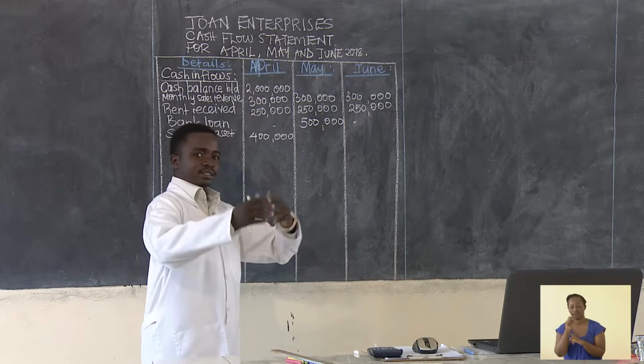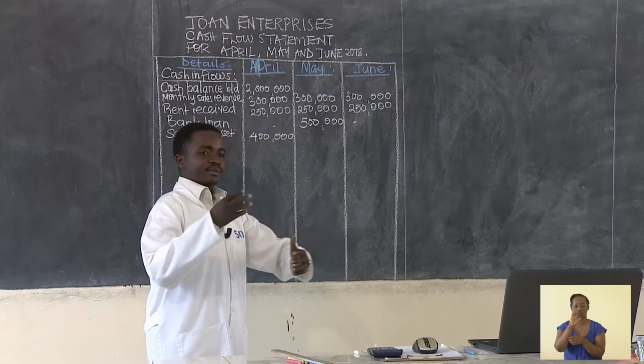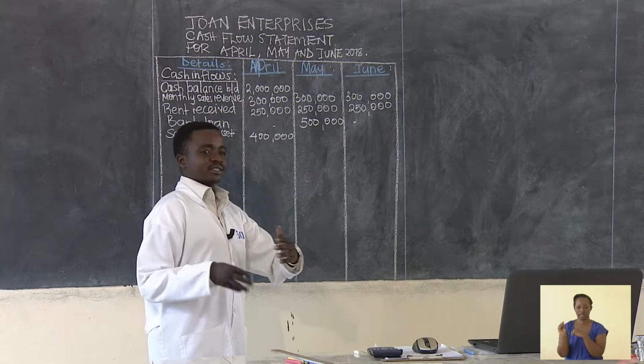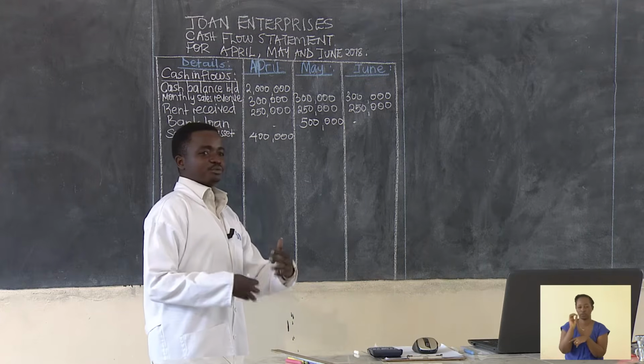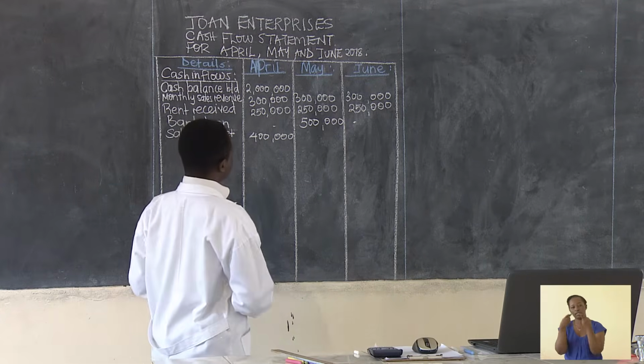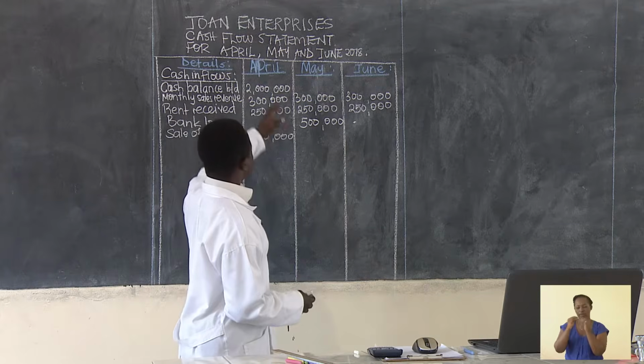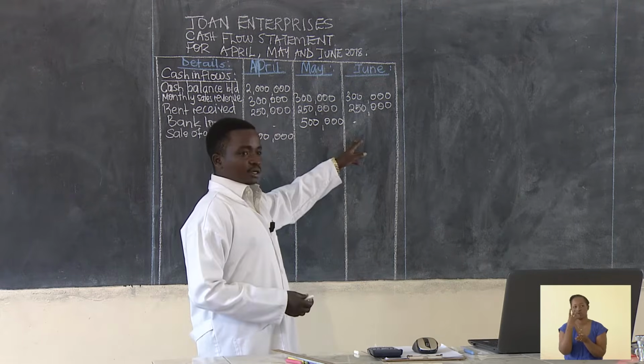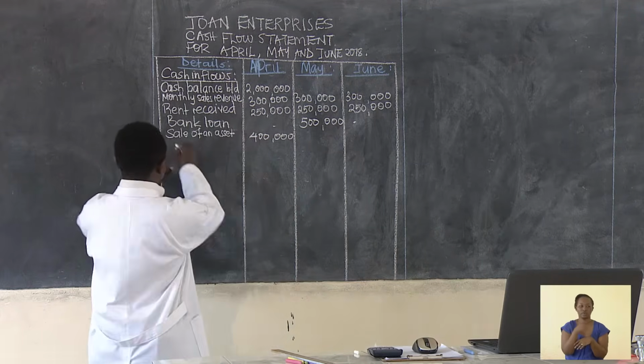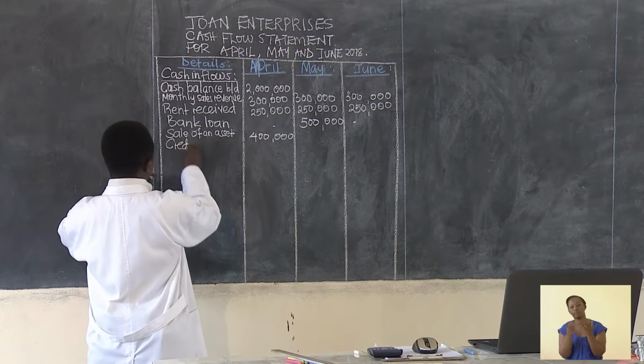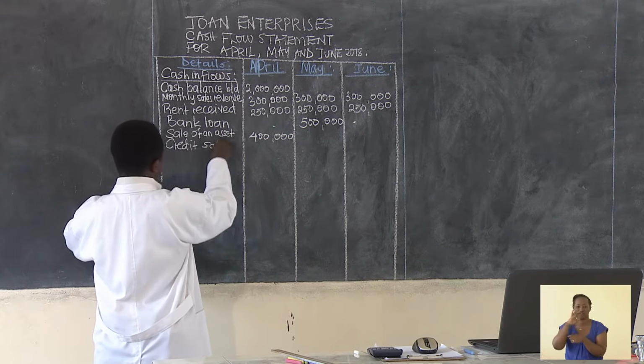First think about it. So where do we put that figure, 200,000? April, May, or June? What does that statement mean? This one is included in cash inflows, the credit sales.